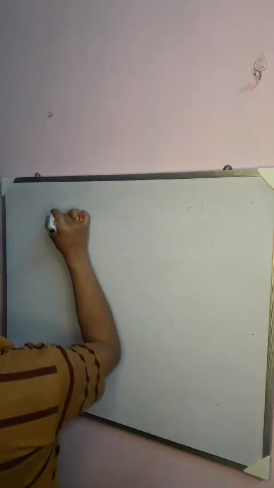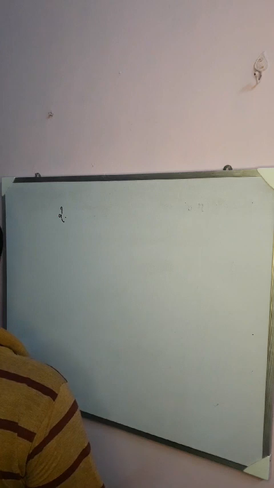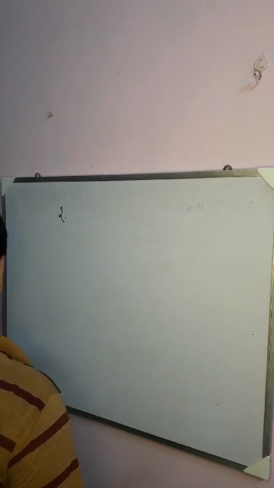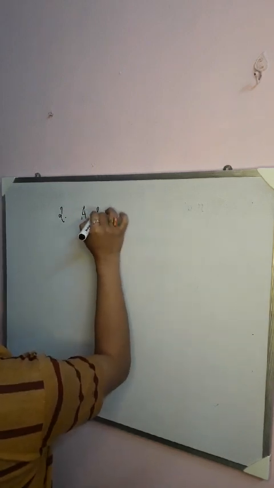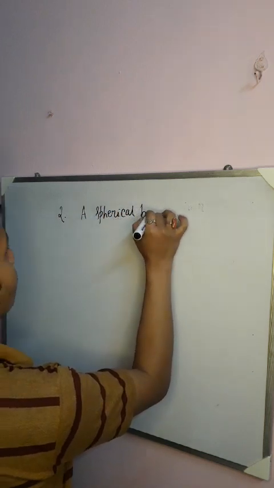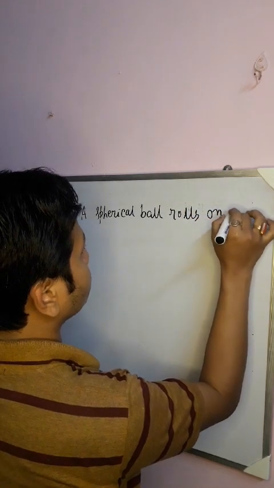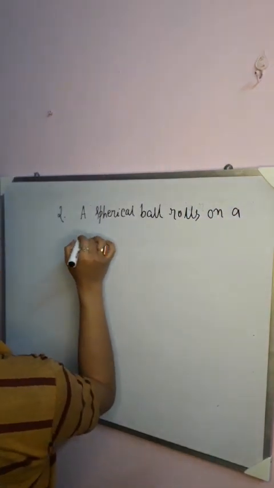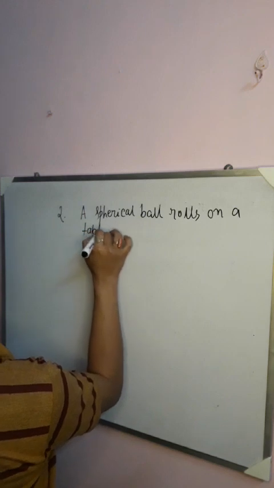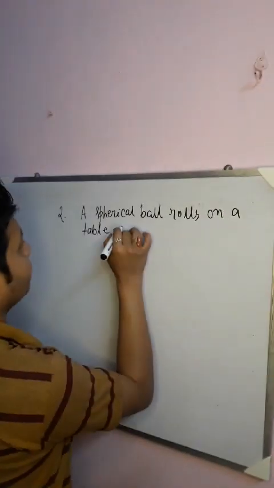Now the second numerical problem is that a spherical ball rolls on a table. Find the ratio of translational to rotational kinetic energy.